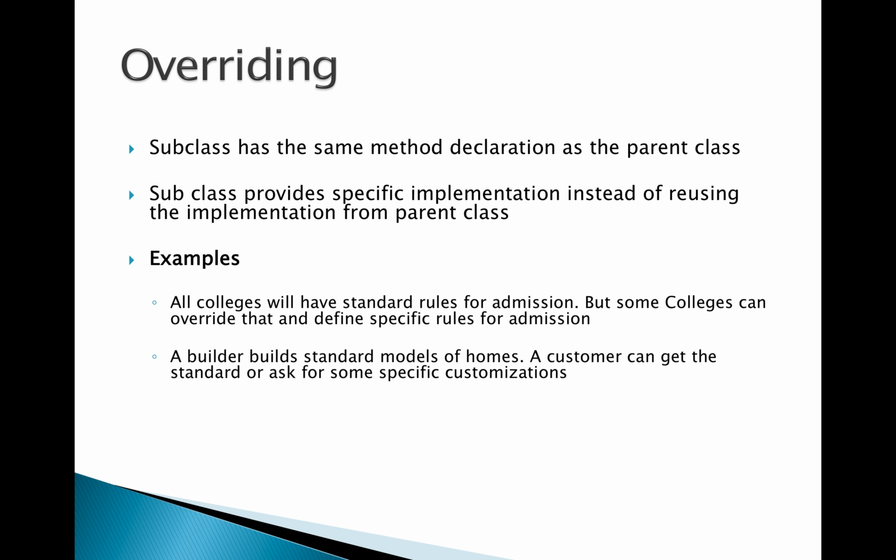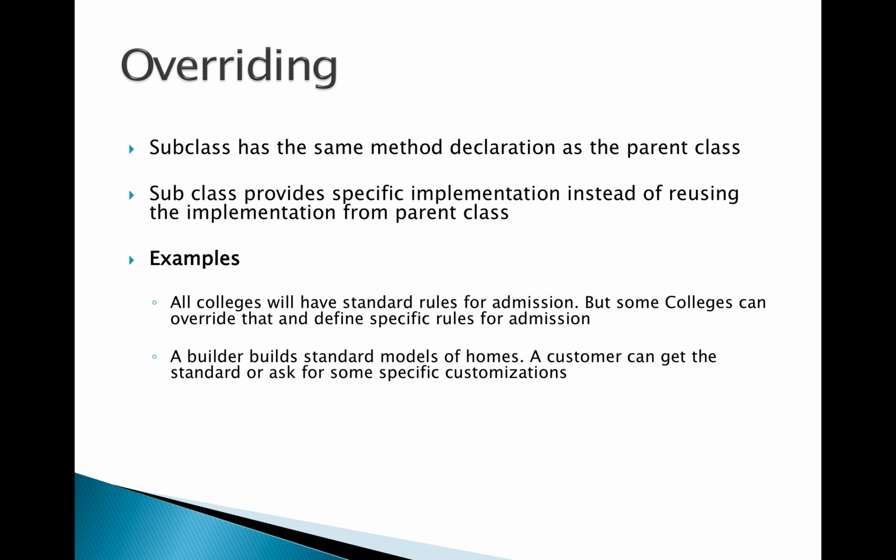The next example is a builder who builds standard models and gives them to his customers. A customer can go ahead and buy the standard model, which will be the same as given to any other user. The other option is that he can customize it. Basically, he wants to build it a different way.